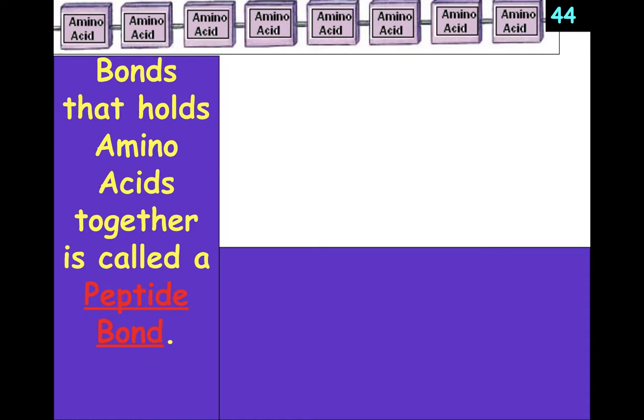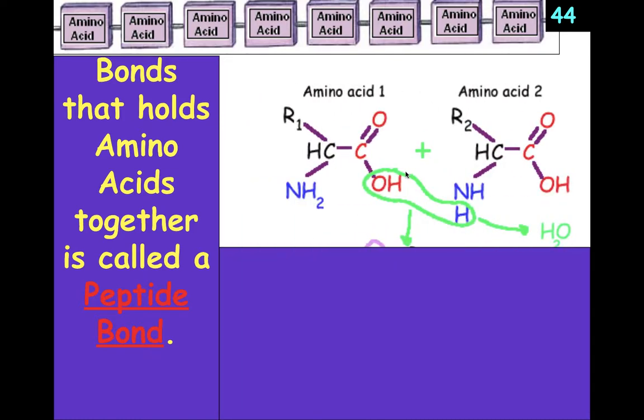Okay, the different bonds that hold the different amino acids together. Remember, there are 20 different ones that can be arranged in different ways. The bonds that hold them together are called peptide bonds. And when you form a peptide bond, you take off an OH group, that's a hydroxyl group here, and you take off a hydrogen on the other side. And again, you're releasing water. So a lot of these are very similar.